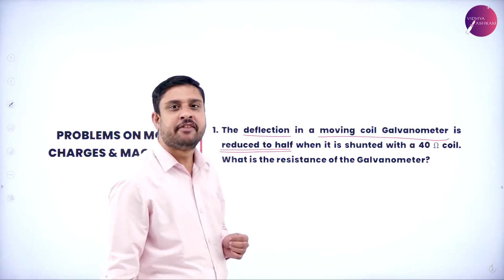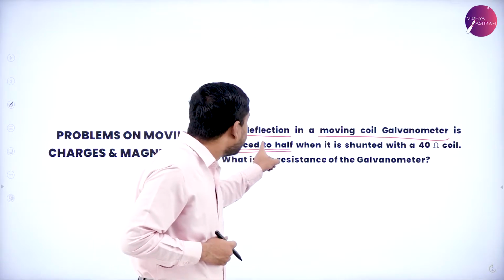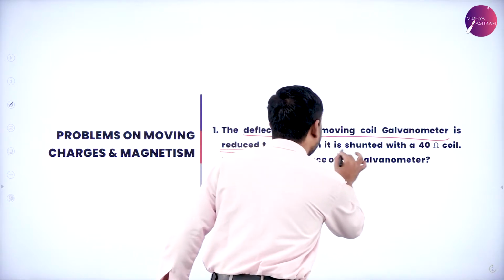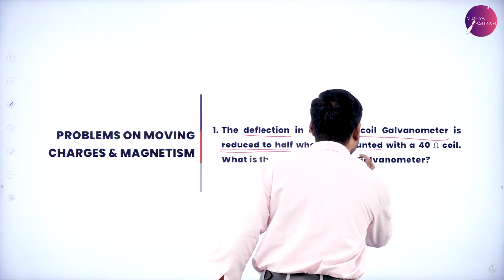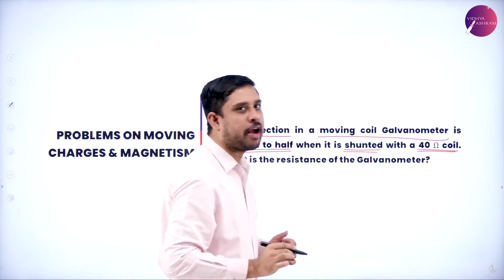Very important information. It is reduced to half when it is shunted with a 40 ohm coil.